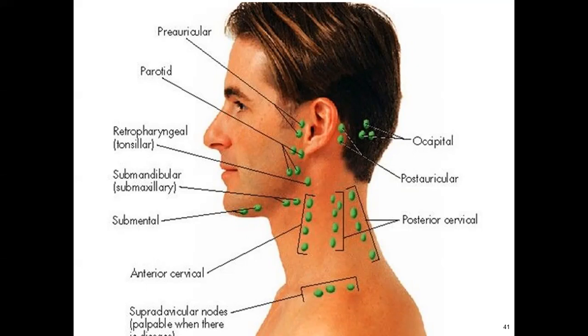Keep this note: they are the site of lymphocytes, which include T cells and B cells. You know that T lymphocytes and B lymphocytes are the first defense in our body.